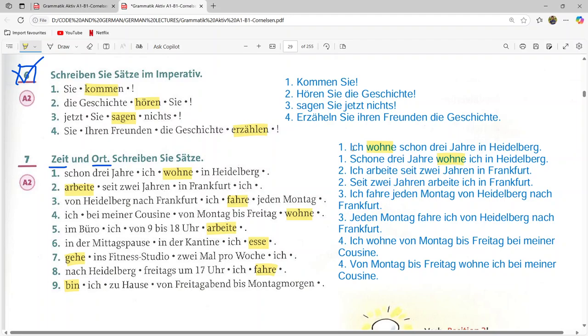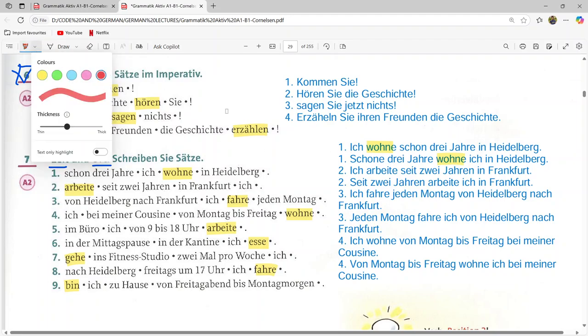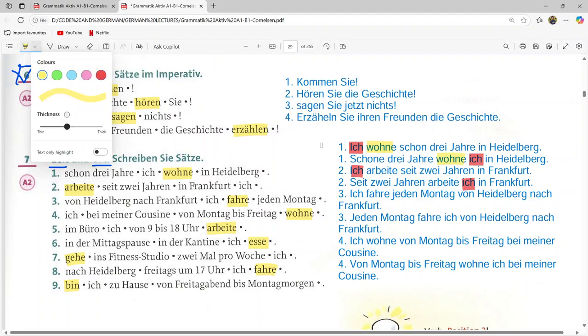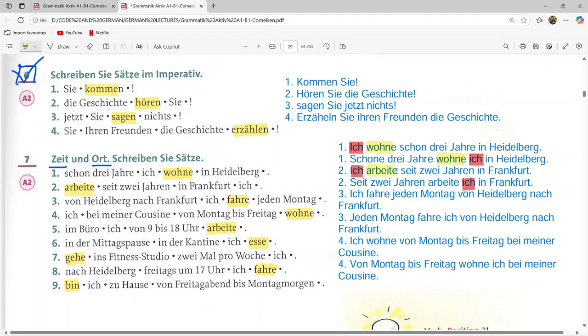I use the subject the very first, so I draw the subject with red color. So subject here, and subject on the left of the verb and subject on the right of the verb. Again, subject on the left, subject on the right. Of what? Of the verb. The verb is arbeite, the verb is arbeite.